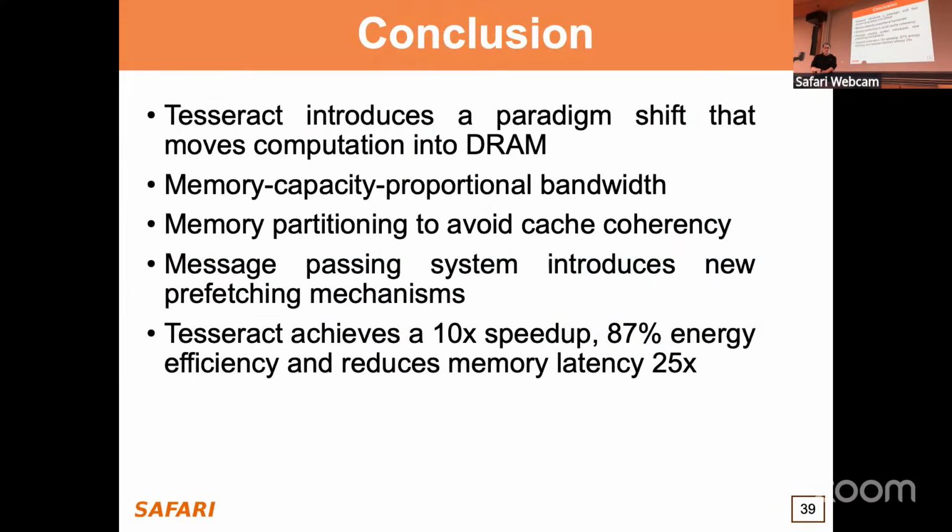So coming to the conclusion, Tesseract introduced a paradigm shift that moved the computation into DRAM. It was one of the first systems that really centered around the use of PIM. It managed to create a memory capacity proportional bandwidth, which was utilized by the messaging system to create the huge speedup it reached.